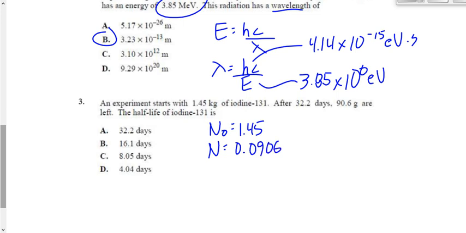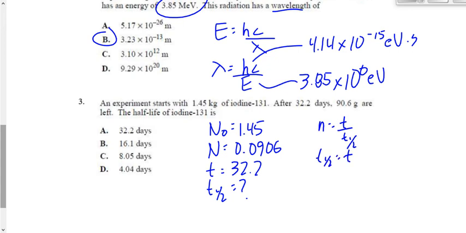This is kilograms, right? Got to be in the same units. It doesn't matter whether you're in grams or kilograms, but you've got to be in the same units. We're just going to say t is 32.2, and we're looking for the half-life here. So I'm going to say n is equal to t over t 1/2.